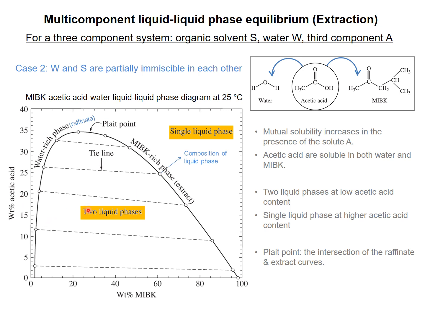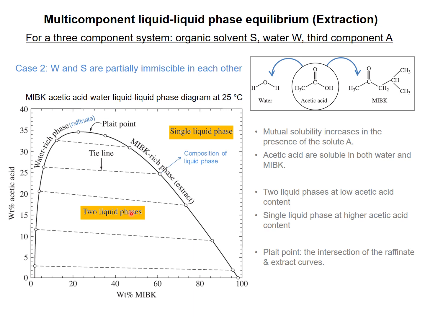So, as I have said, at low concentration of acetic acid, water is immiscible with MIBK. So you have two liquid phases. However, at higher concentration of acetic acid, those two solvent molecules are miscible. So we go to a single liquid phase from two liquid phases.